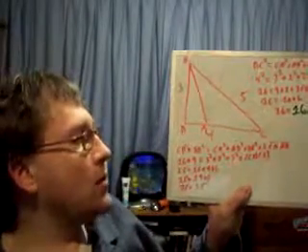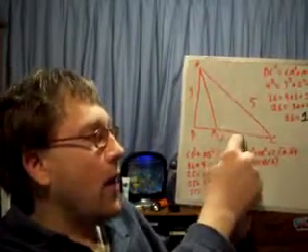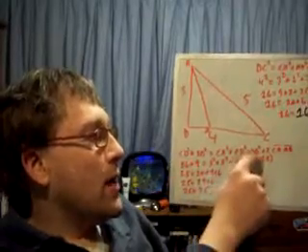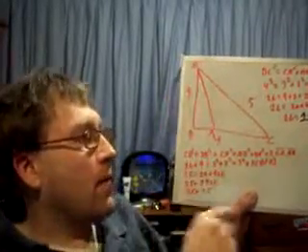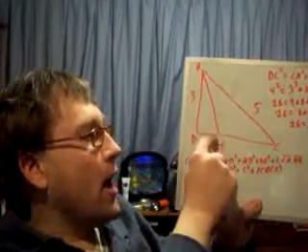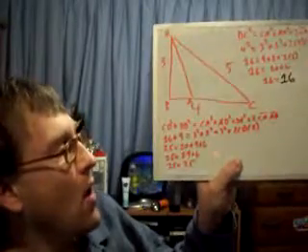Where did we get all those numbers? CA squared. Length of CA is right there. That's 3. AD squared, that's 1. DB squared, that's 3. 2 times CA AD. Well, CA is here. AD is here. That's 3. That's 1. That's where we got all that.